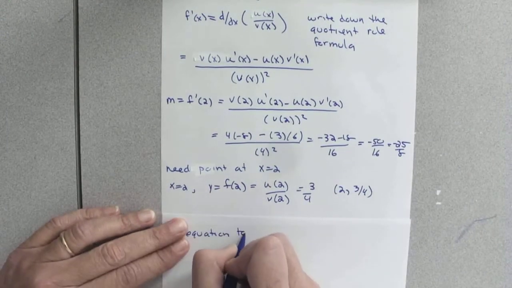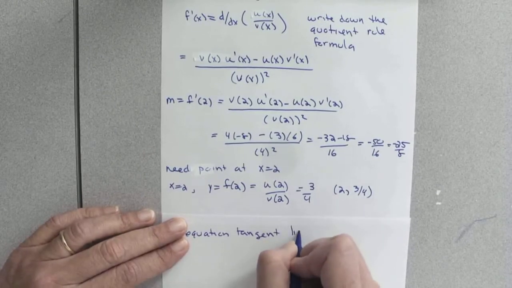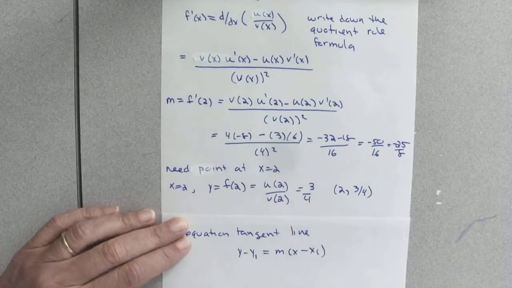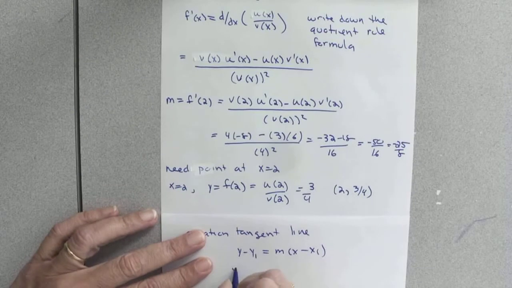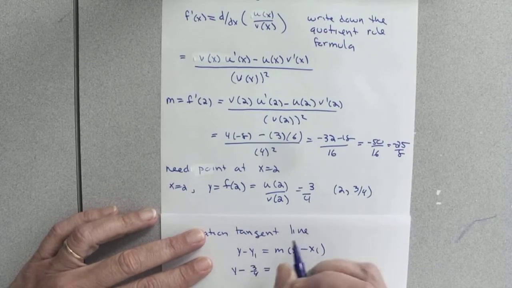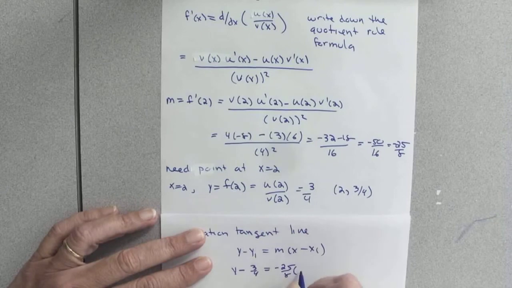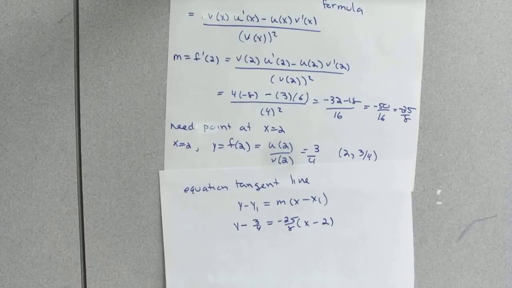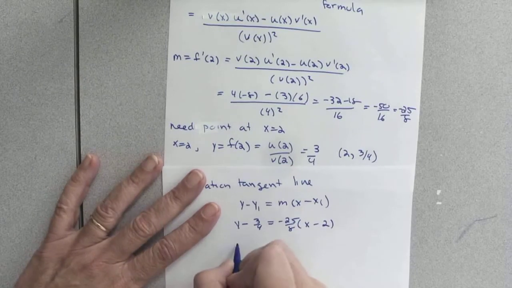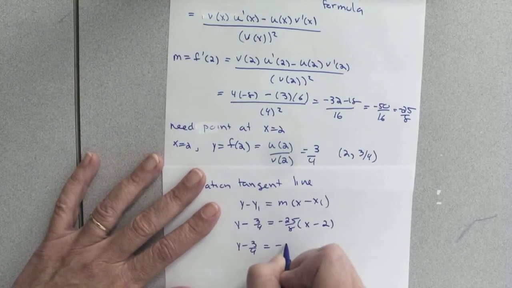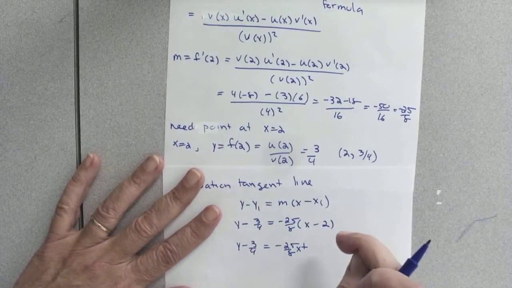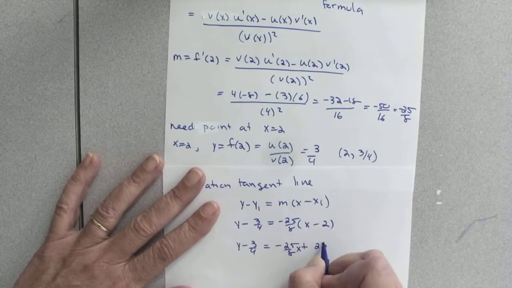The equation of the tangent line, just going into point slope, is going to be y minus 3/4 equals -25/8 times x minus 2. Now, like I said, quiz or test time, I don't care how you leave the answer, but if you wanted to make this answer look prettier, I could distribute, and so that's going to be plus, and the 2 and the 8 are going to cancel, leaving 4.